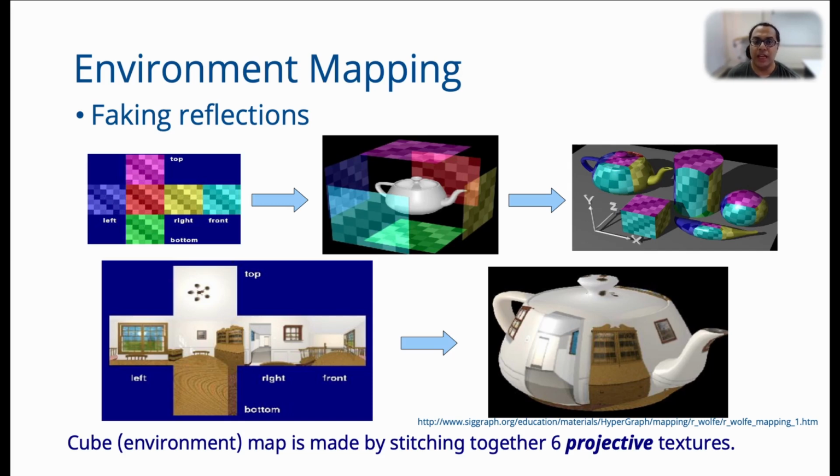Okay? You will see the texture from the bounding cube appear on the surface of the teapot, which will make it look like a shiny reflective teapot. So this is of course not the accurate reflection that you are producing.